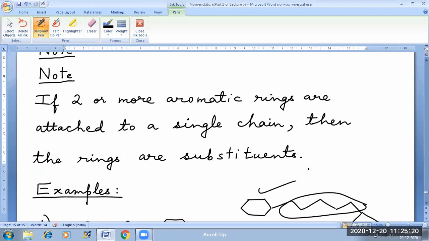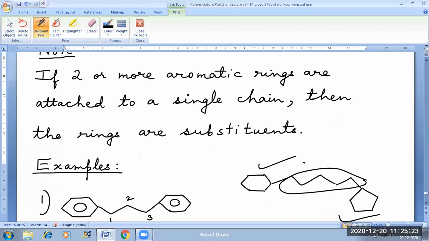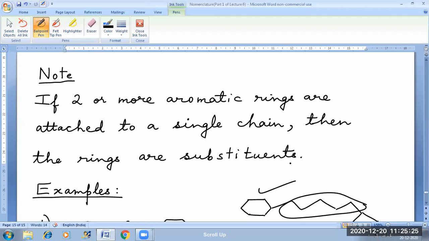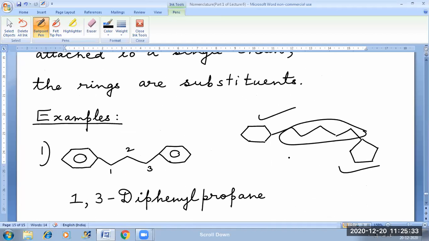Okay. Now, important point, like we did in cyclic compounds, that is, if two or more rings are attached to a single chain, then the rings are treated as substituents. For example, if you look at the first example, you have two aromatic rings which are attached to the same single chain.